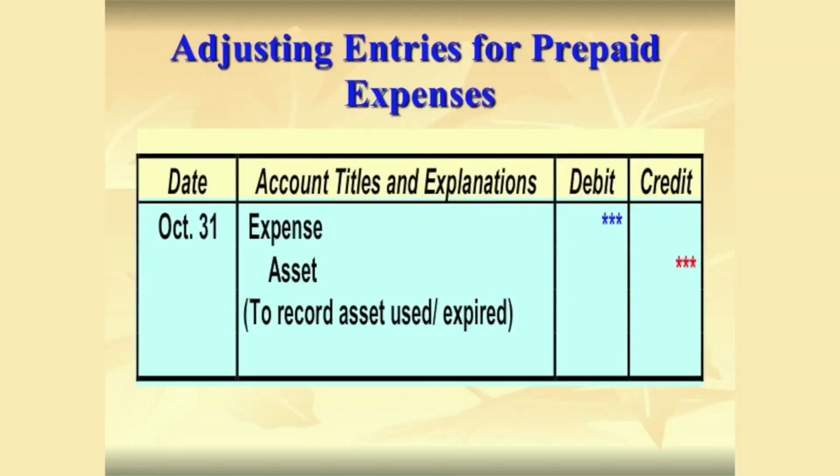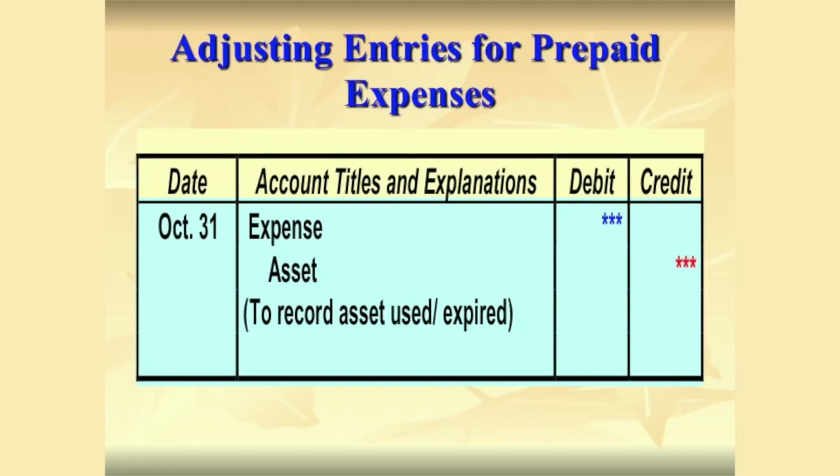At each statement date, organizations make adjusting entries to record the expired cost or expenses that apply to the current accounting period and to record the unexpired cost in the asset account. And the journal entry for the prepaid expense is expense account debit and asset account credit.